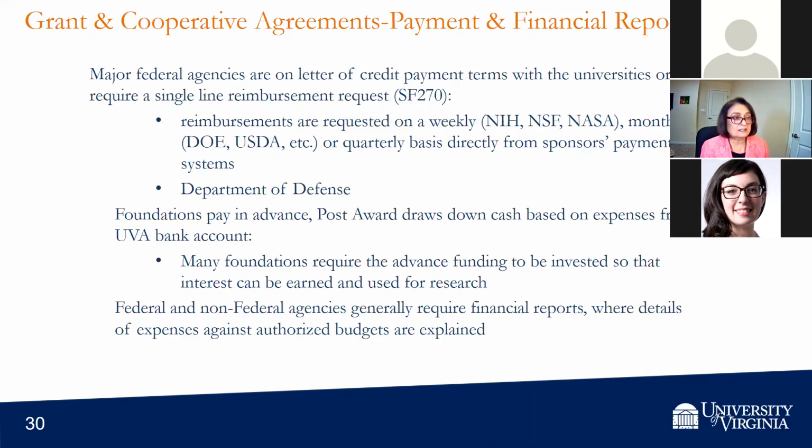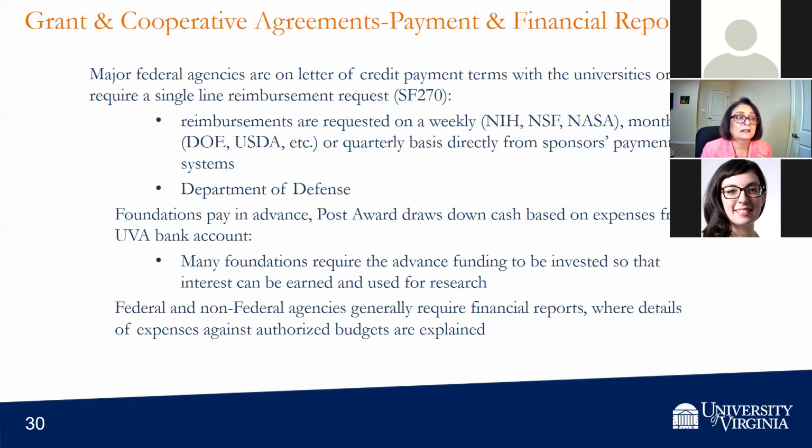So these are the payment methods, and I just explained why we have to submit financial reports. Now, just because we get that special arrangement from the federal government to go and draw money directly from the agency's payment management systems, we are required to submit a federal cash transaction report, which is just showing them our cash standing every quarter.